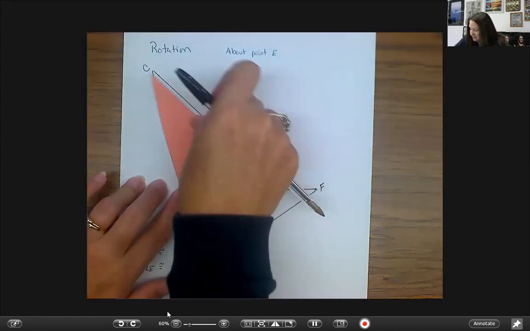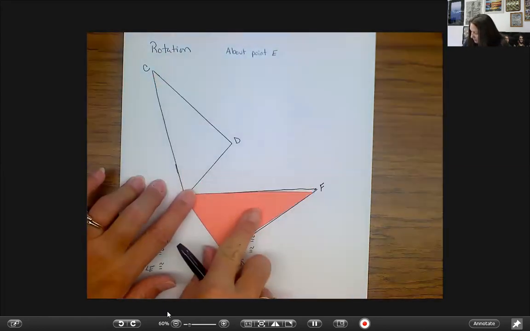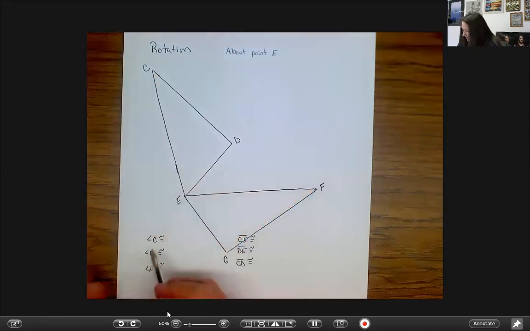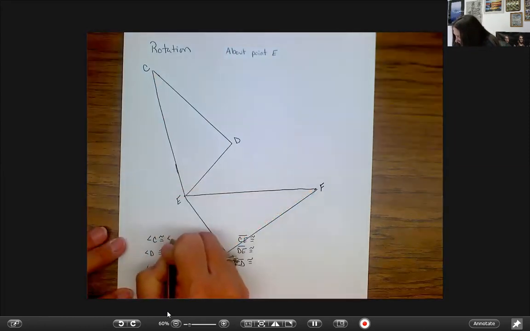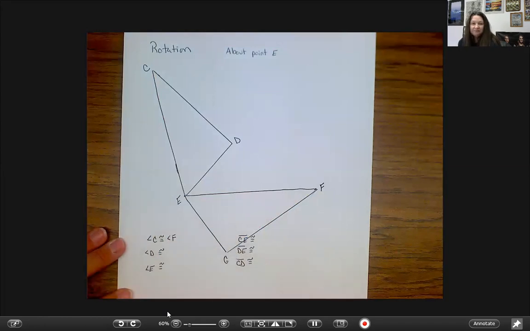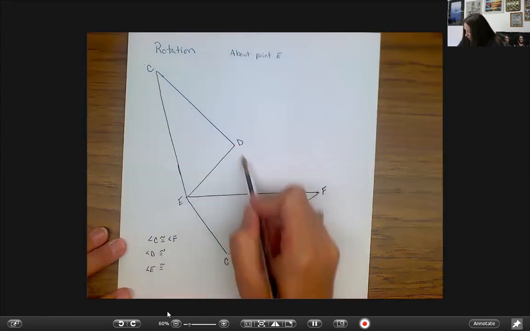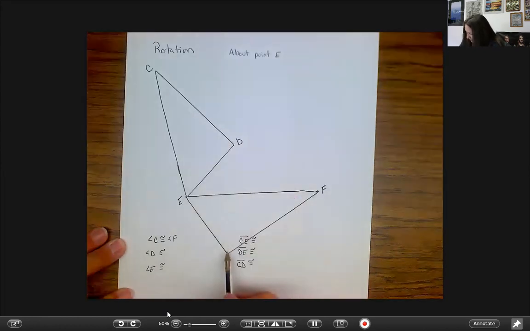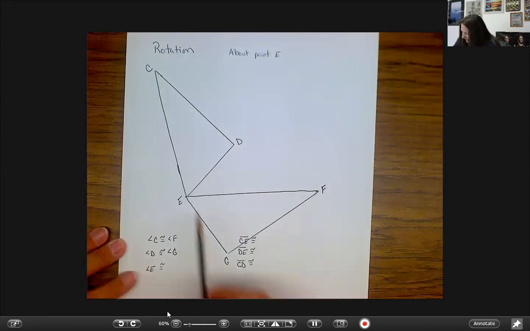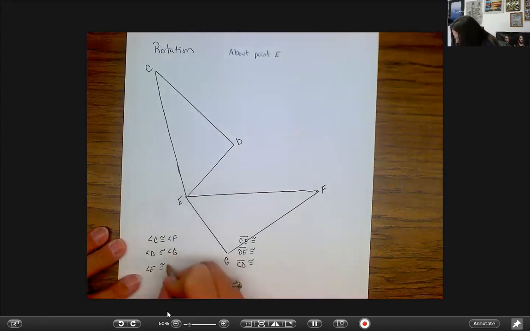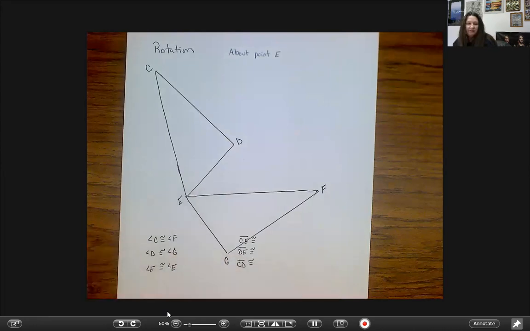You should go, C would move to F. So angle C would have to be congruent with angle F. D, when it rotates, is going to rotate to G. So angle D has to be congruent with angle G because one would lie directly over the other. And then angle E here rotates to angle E. Those are the ones that correspond with each other.